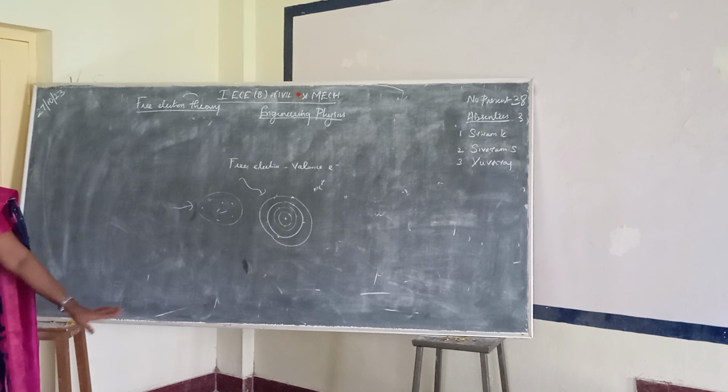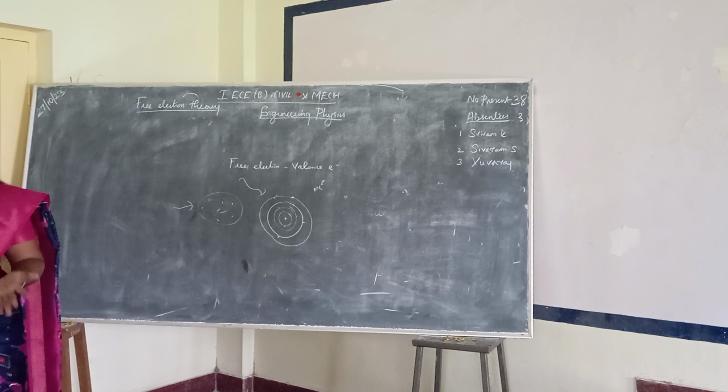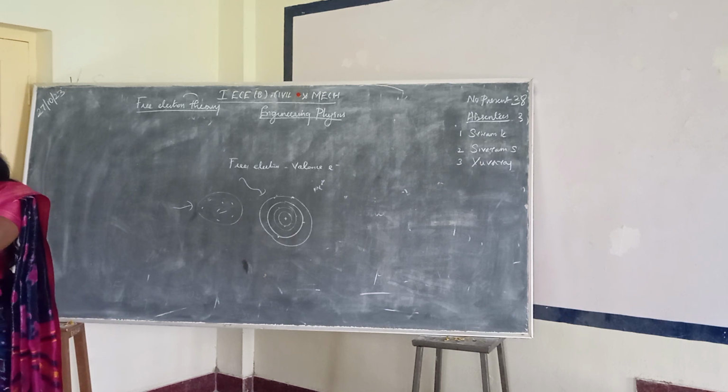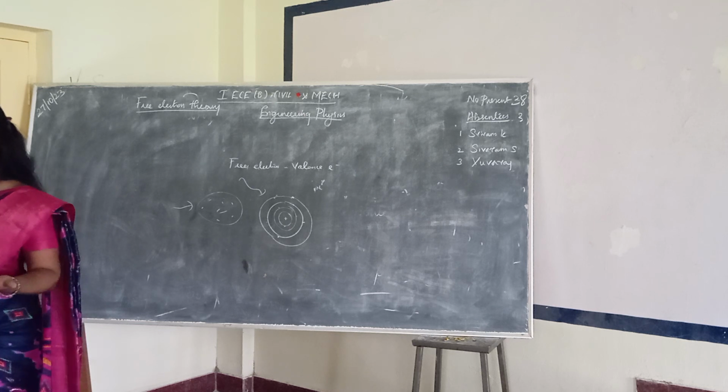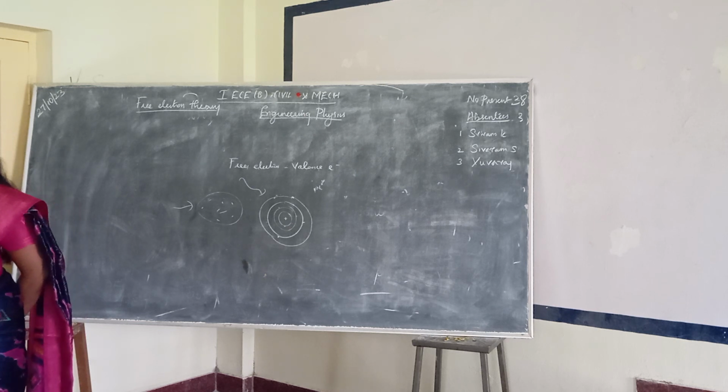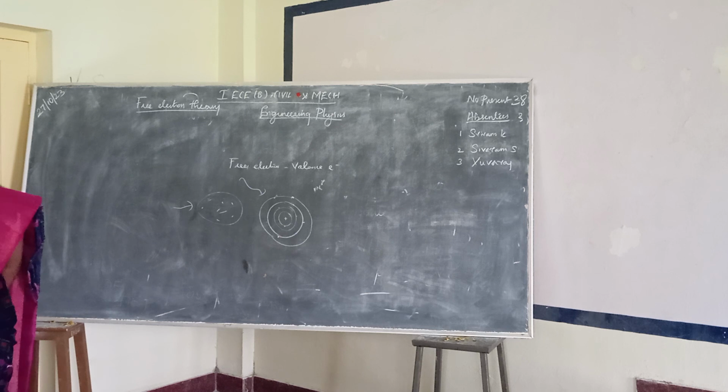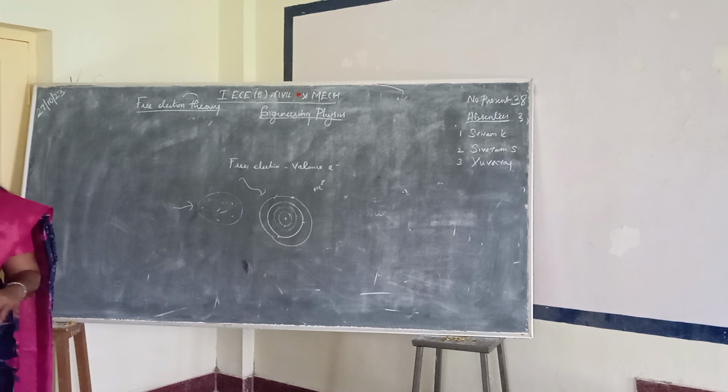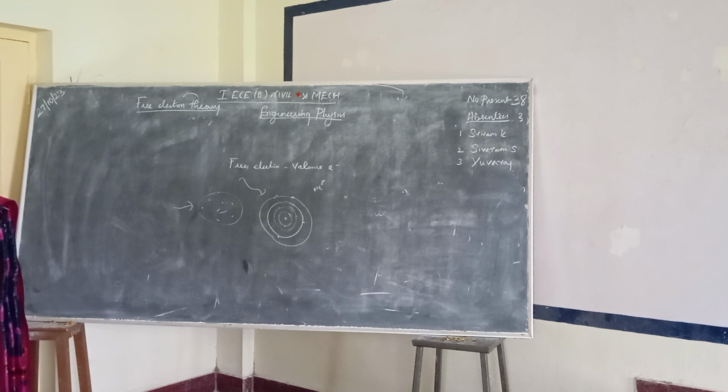Understood? This is the act of a free electron. A conducting material is also a low resistivity material, because it only conducts and does not have any resistive flow of current. That is the reason it acts as a conducting material.